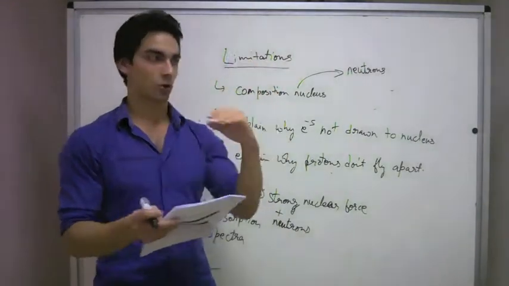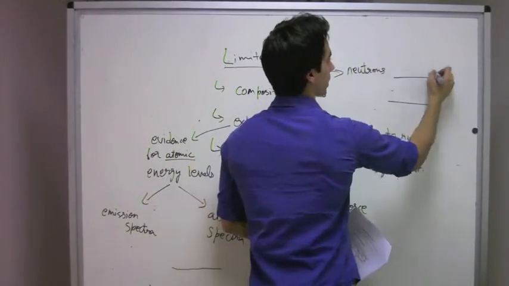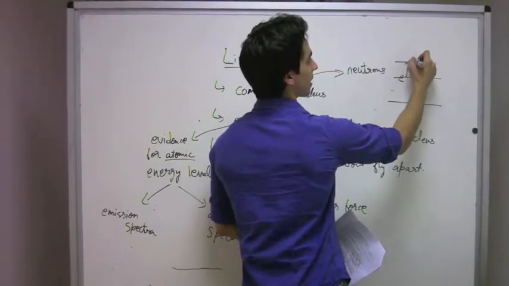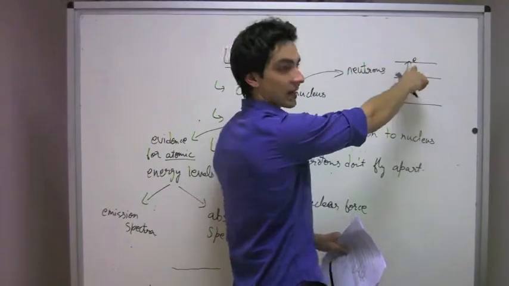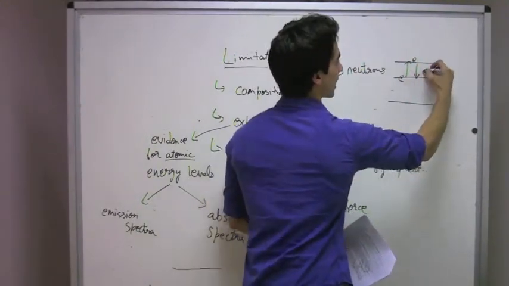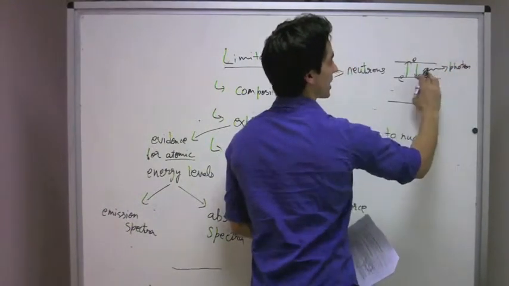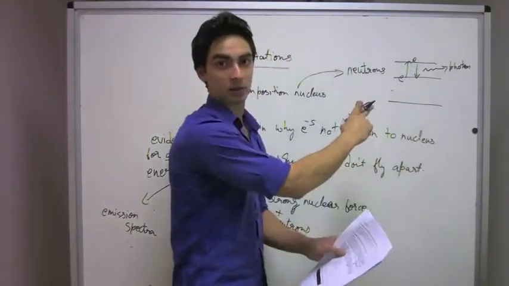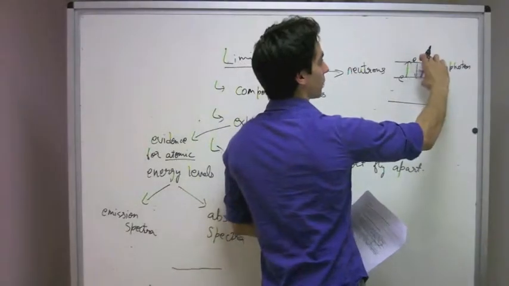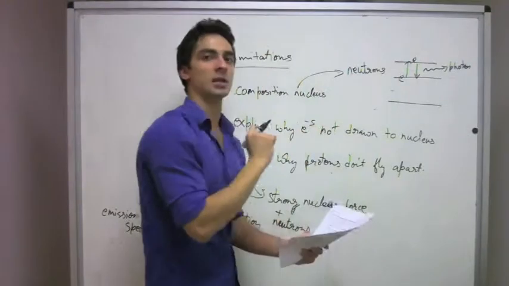When these electrons are excited from a ground state to another energy level, let's say the electron was originally here, it gets excited and comes here. Now, once it's in an excited state, it will fall back down to its ground state. And when it does that, it will emit a photon. This photon is actually emitting the energy that is lost by the electron. And this photon must be of a particular wavelength depending on the energy difference between the energy levels.